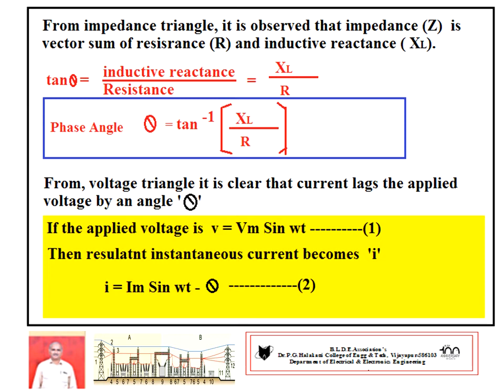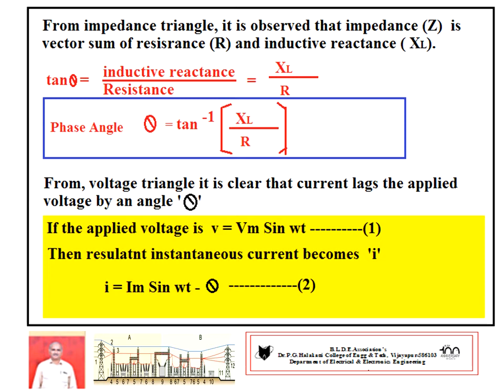It depends upon the resistance value and the inductance value. From the voltage triangle, it is observed that as compared to the voltage, the current lags. The current lags by an angle theta. Theta is available from the above expression.